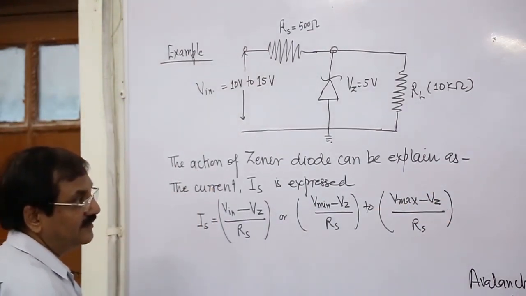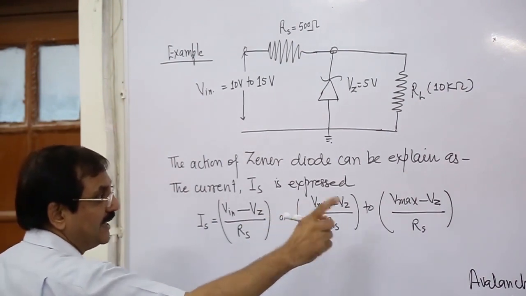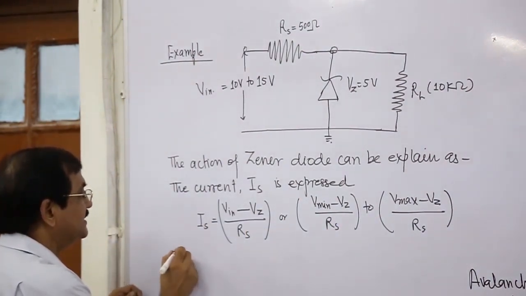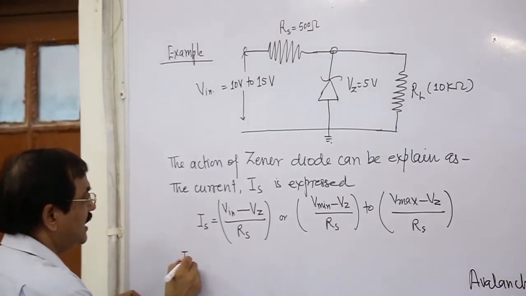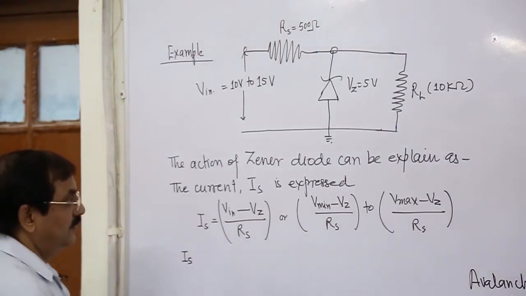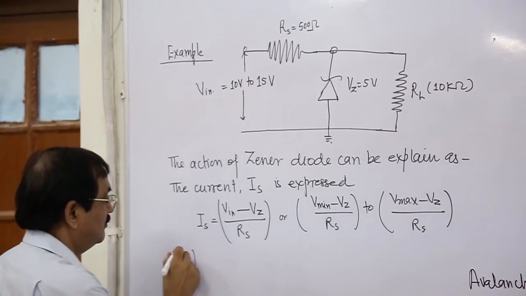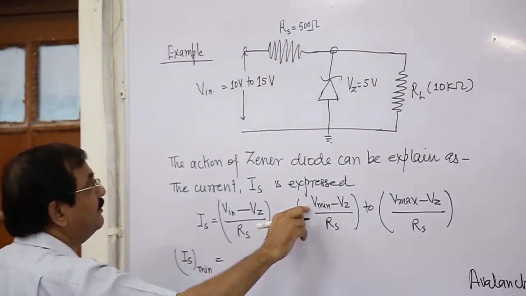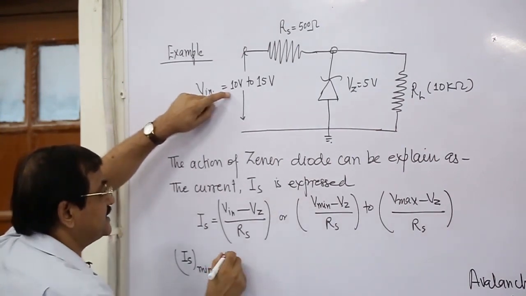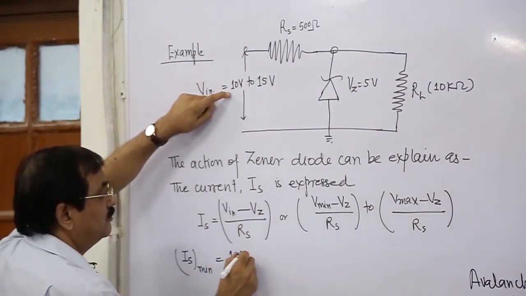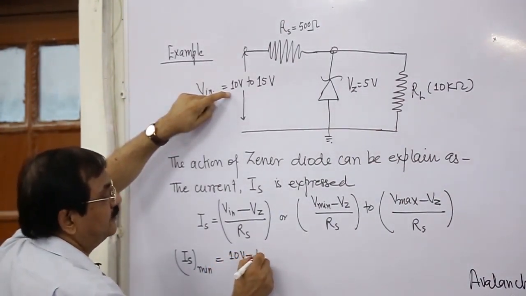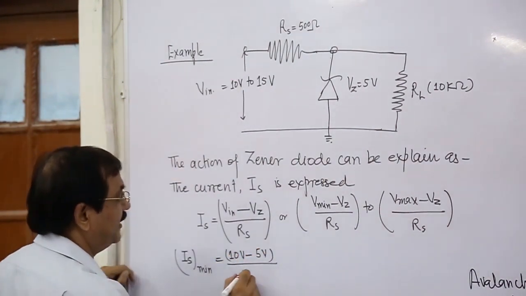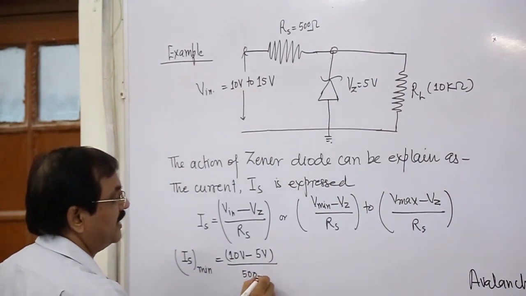So, let us find the maximum and minimum value of IS. IS minimum is, V minimum is 10 volt minus 5 volt upon 500 ohm.